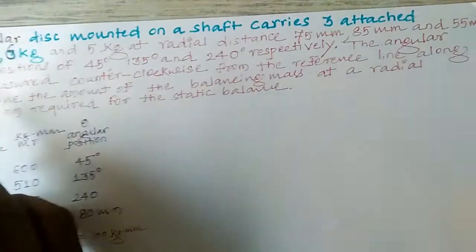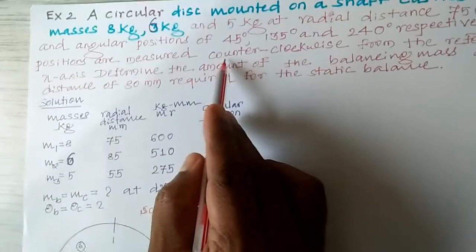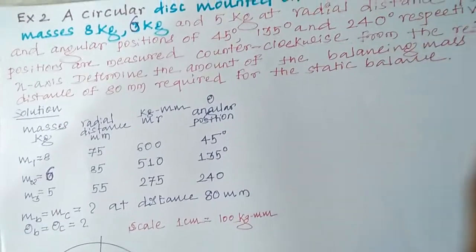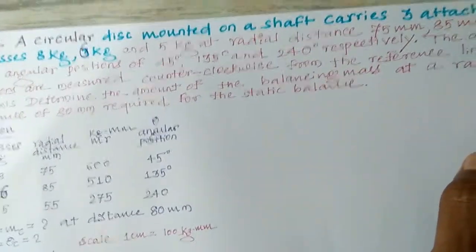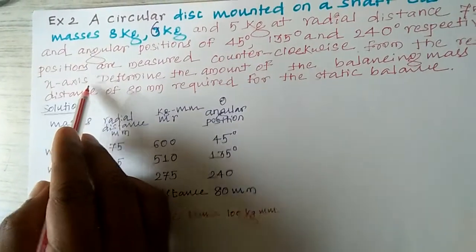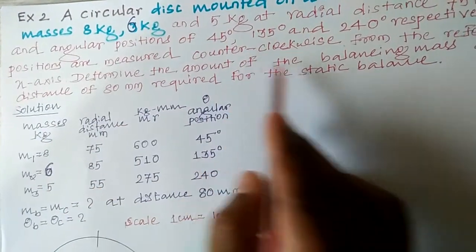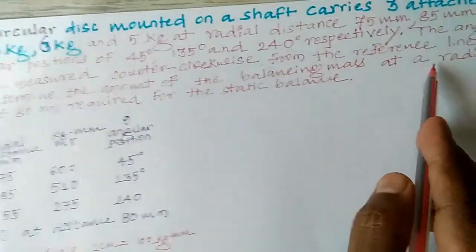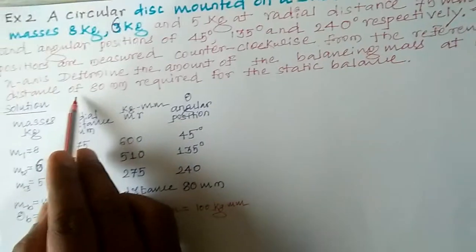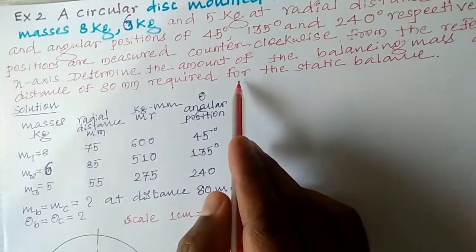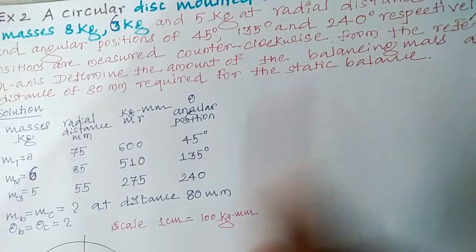The angular positions are measured counterclockwise from the reference line along the x-axis. Determine the amount of balancing mass at a radial distance of 80 mm required for the static balancing.